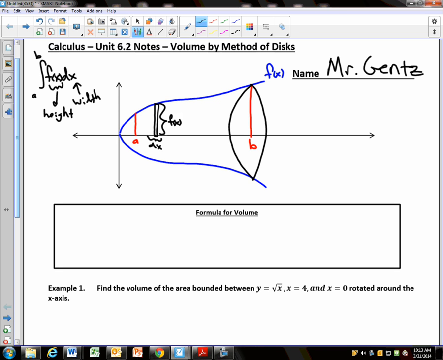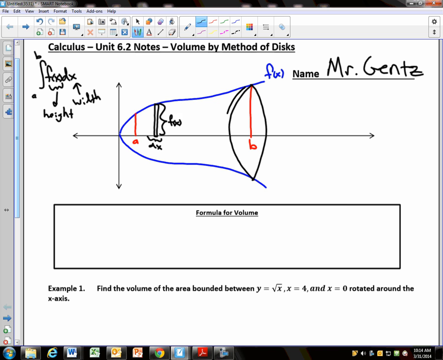You're going to hear me use this word slice now. It's so important that you can visualize this. I'm going to slice off the end of this. If I slice off the end of that, what shape do you get? It's close. It's not going to be an ellipse. It's going to be a circle.